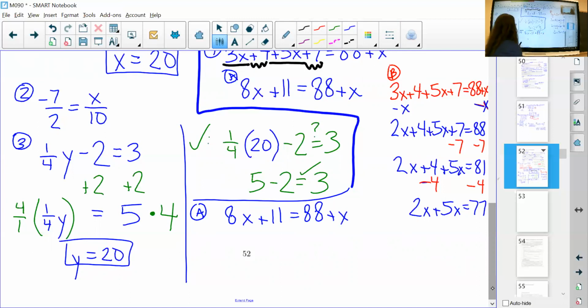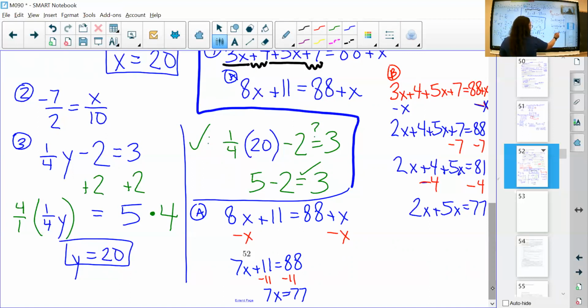I generally like the x's on the left. I'll subtract away an x from both sides. Again, remembering that's not 8, that's 7x. 7x plus 11 equals 88. Subtract 11 from both sides. 7x equals 77. Looks familiar.